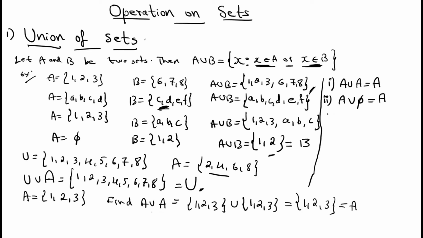And the third note is A union universal set. A union universal set, then what you will get, you will get the universal set only. Okay, these are very important notes. First one is, see, A union A is equal to A itself. A union empty set is equal to A, and A union universal set is equal to the universal set.